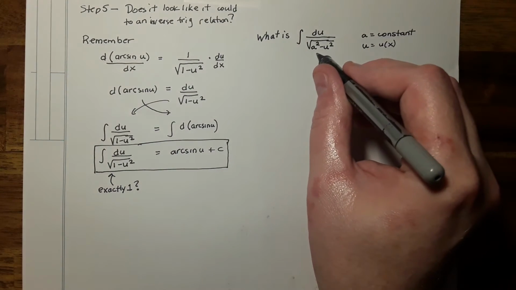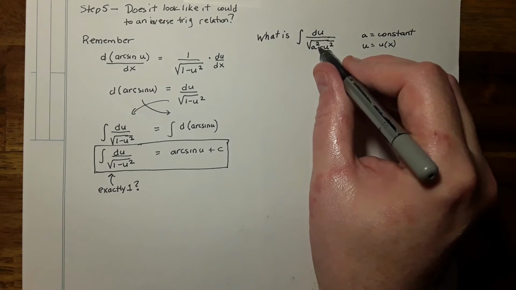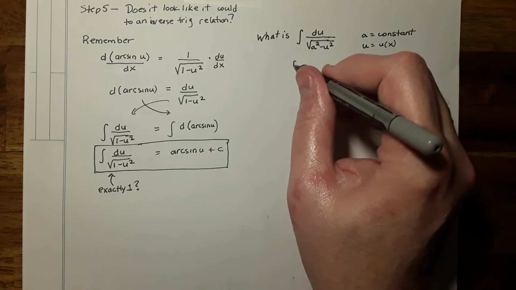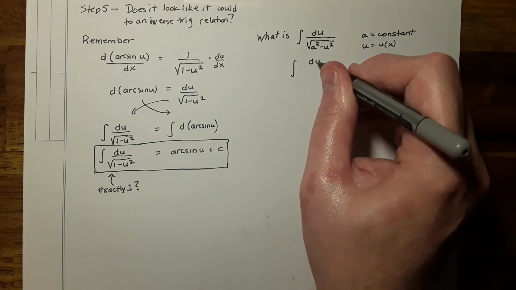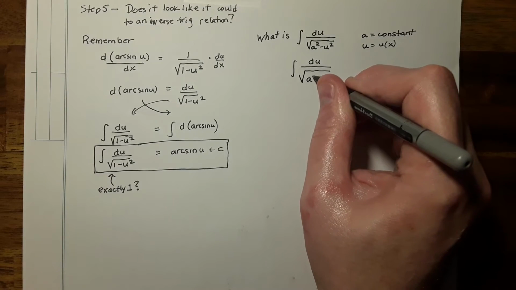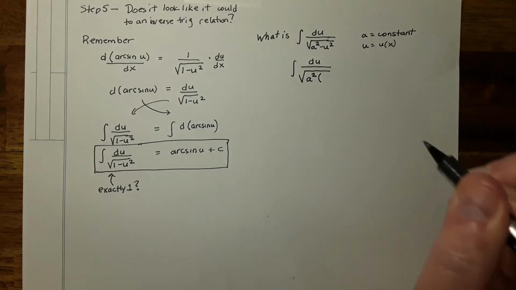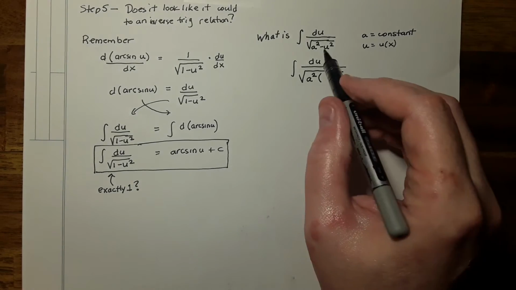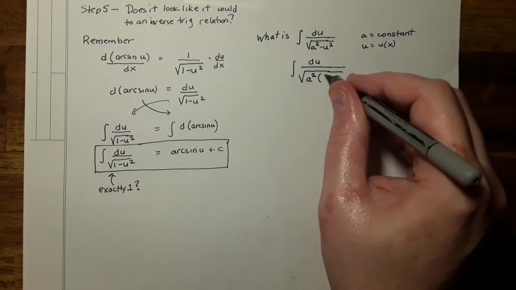And so I can do that. I can change that a squared into a 1 just by factoring it out. So if I factor out the a squared in the denominator out of the two terms that are in the difference of squares, if I factor a squared out of a squared, I'm left with 1.